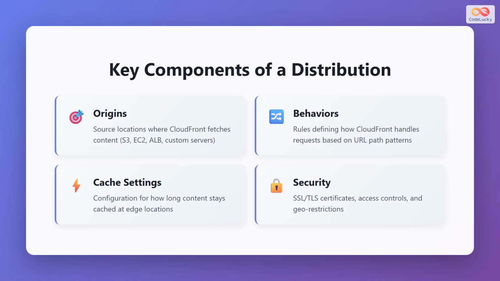Third are cache settings, which control how long content stays cached at edge locations before CloudFront checks back with the origin for updates. Finally, there are security settings, which include SSL and TLS certificates for encrypted connections, access controls to restrict who can view your content, and geo-restrictions to allow or block content in specific countries.